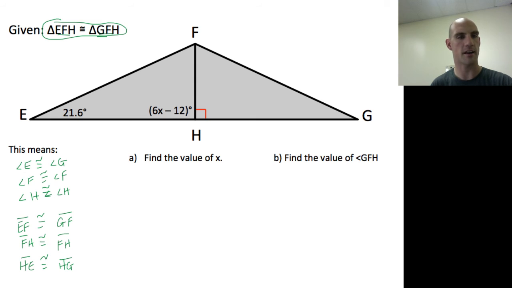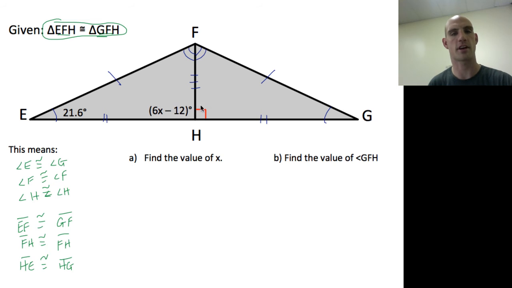And so if I mark that in this diagram, EF and GF and HE and HG, and this one is congruent to itself, and I can also mark the angles congruent. And what I'm going to notice here is that when I get down to this area here, I have a congruence that can be made.